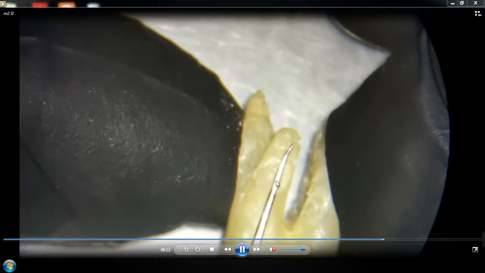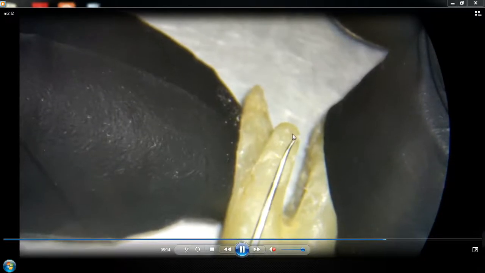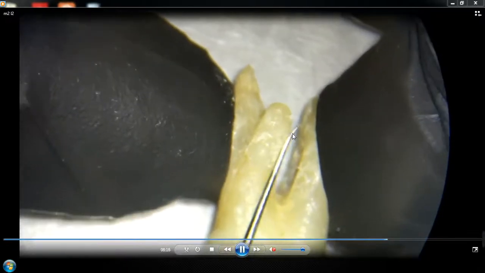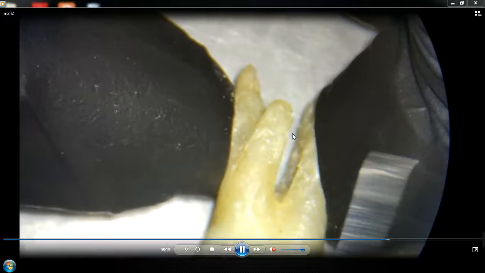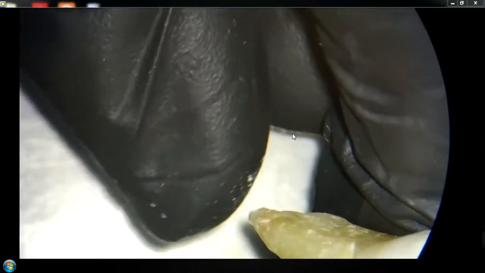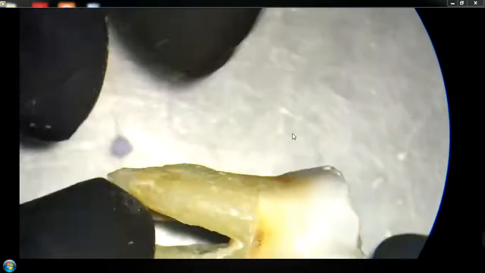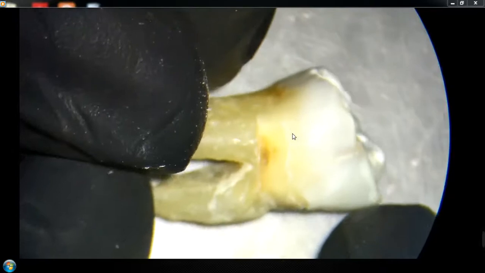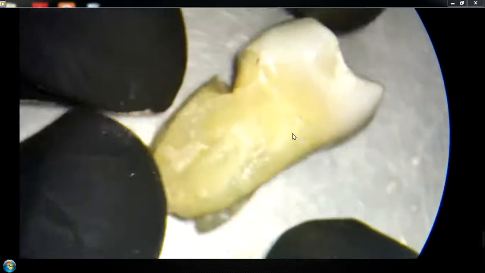Can you see another extra canal here? This extra root is also called entomolaris or paramolaris according to its location. This is an extracted tooth and the participant knows that there is an extra root. But in clinical cases you have to make a judgment after seeing the radiographs. So preoperative radiographs are very important.